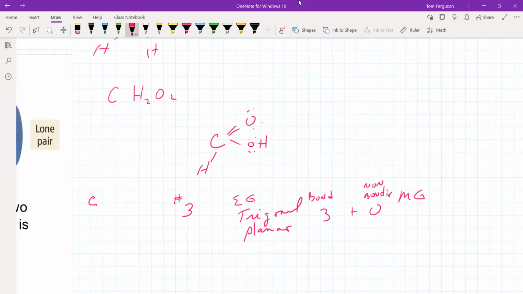So that automatically means there's no non-bonding. Okay, so whenever it's 0 on non-bonding, electronic and molecular geometries are the same. So it means that central atom now, not the whole molecule, just that central atom, is also trigonal planar. Okay, so we have two central atoms now.